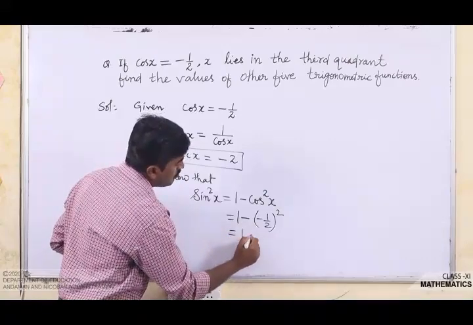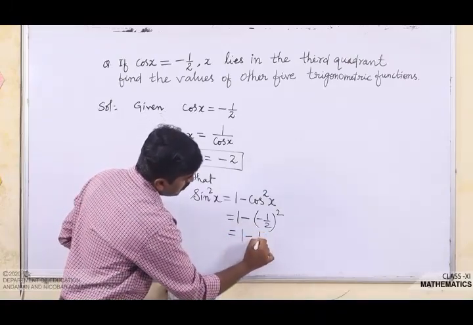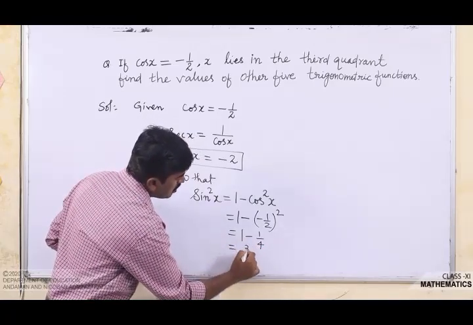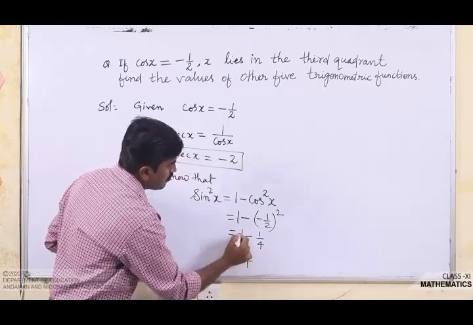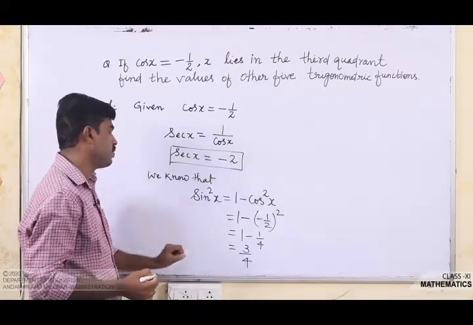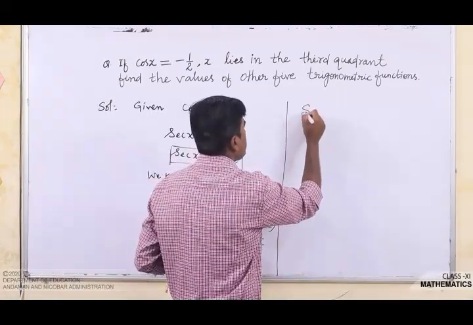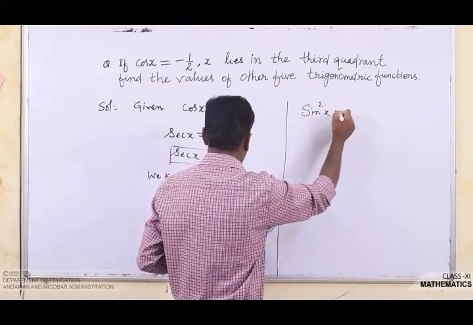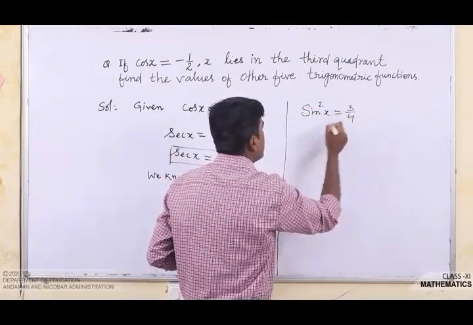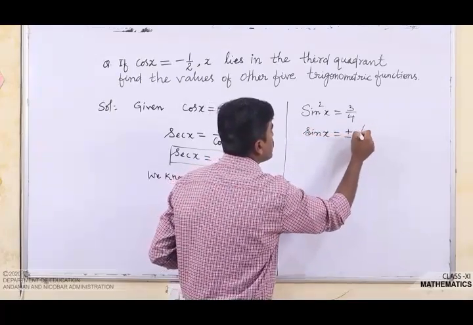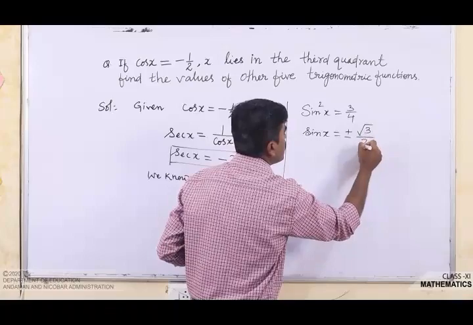So it will be 1 minus 1 by 4, that is equal to 3 divided by 4. 4 minus 1, 3 divided by 4. So we got sin square x is equal to 3 by 4. So we can write sin x is equal to plus or minus root 3 upon 2.